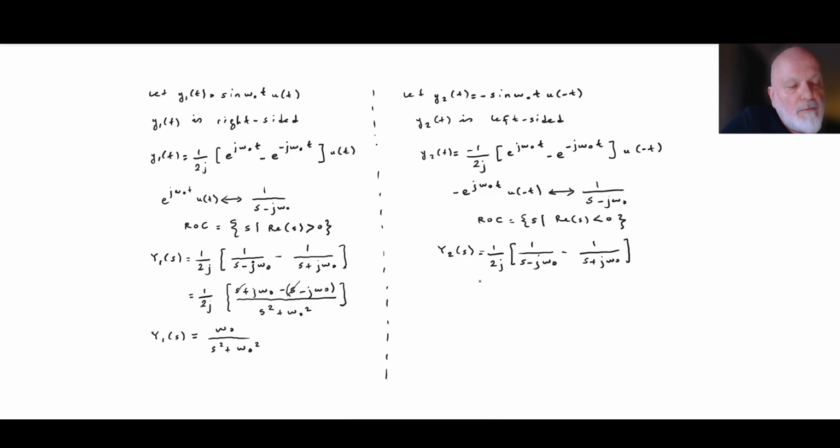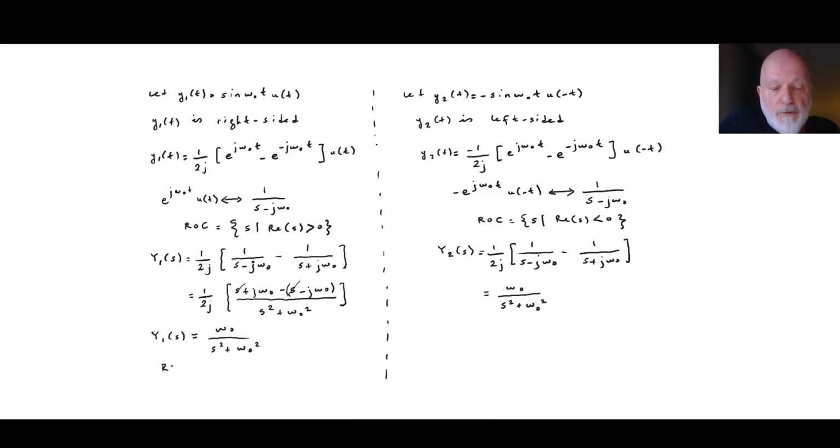Now, since y2 of s is exactly the same result, we have omega 0 divided by s squared plus omega 0 squared. So again, these two signals, one of them is right-sided, the other is left-sided. They have the same Laplace transform expression. However, their convergence regions are different.